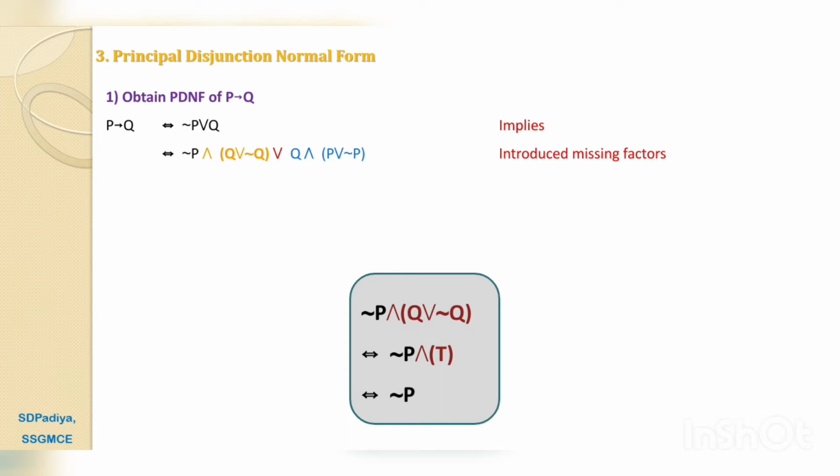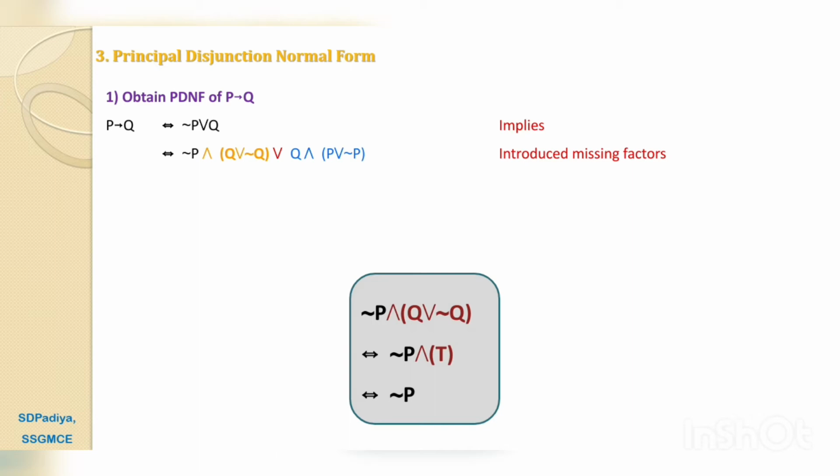In the second, we have introduced Q or not Q with the P, and we have introduced P or not P with the Q. Now in the first, not P and in bracket Q or not Q, inside the bracket there is an or and outside the bracket there is an and. That's why we can use the distributive law.